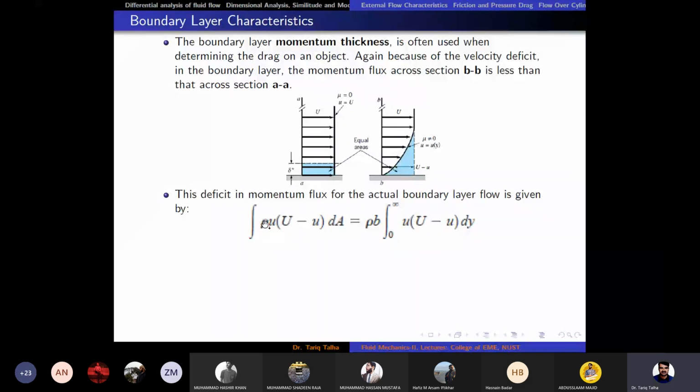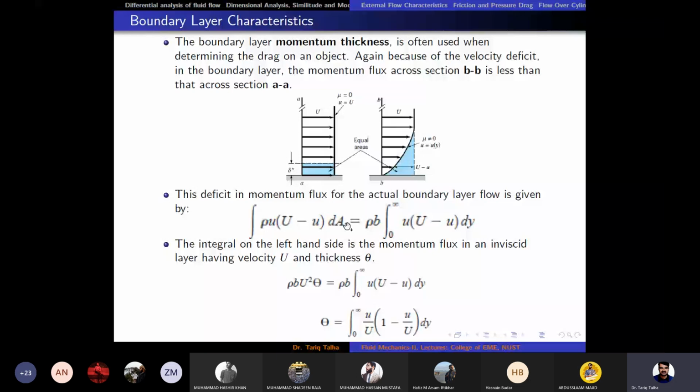So rho would be cancelled out, and theta tells us the thickness of the flat plate which needs to be increased so that the actual profile has the same momentum flux as this inviscid portion. If you do the simplification, on the left hand side it is very easy: rho b into u square.